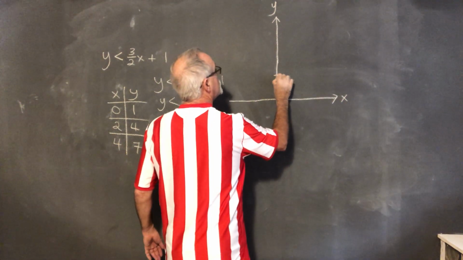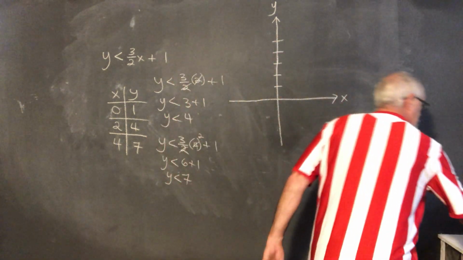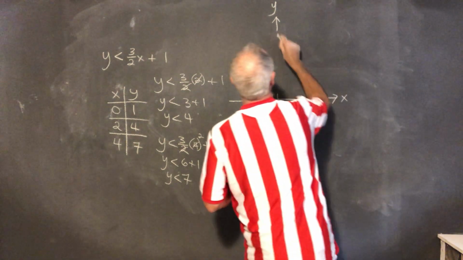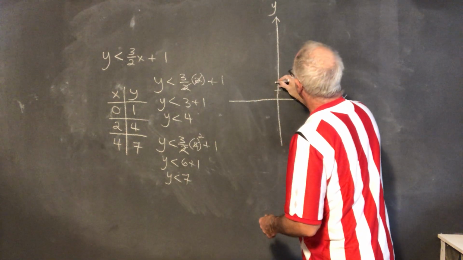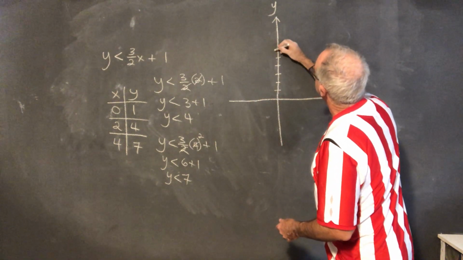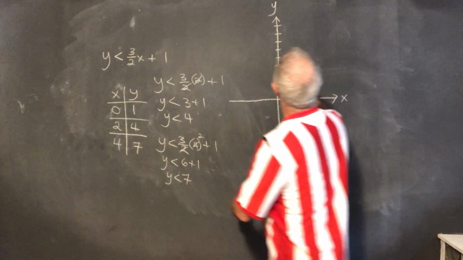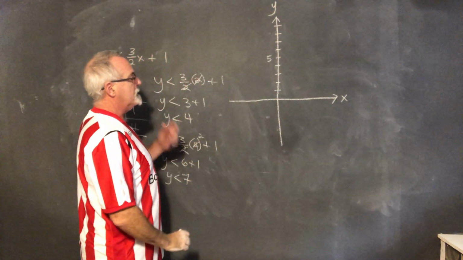So 1, 2, 3, 4, 5. Oh, I didn't scale very well at all there, did I? I put them too far apart. 1, 2, 3. This time it's going to fit: 4, 5, 6, 7. And I'll show 8 and 9 just because it's fun. And there's my 5 so that I can remember what my scaling is doing.